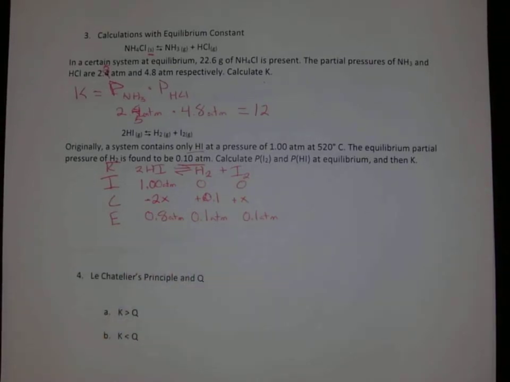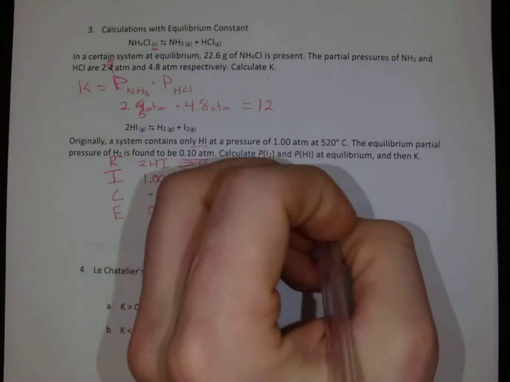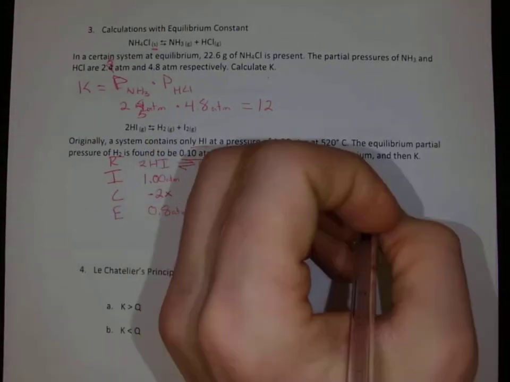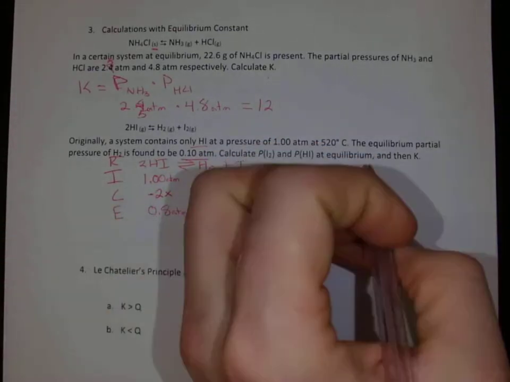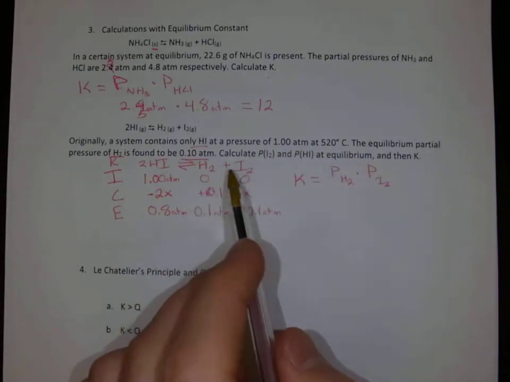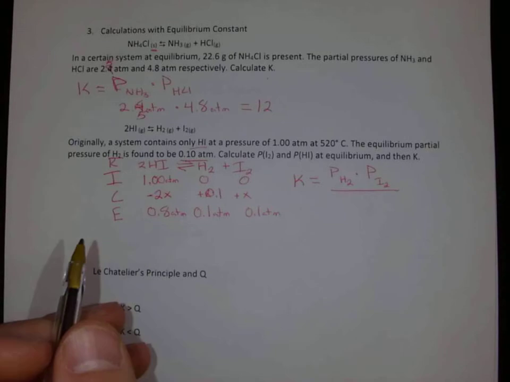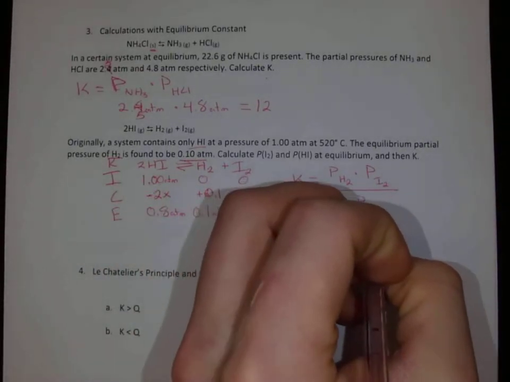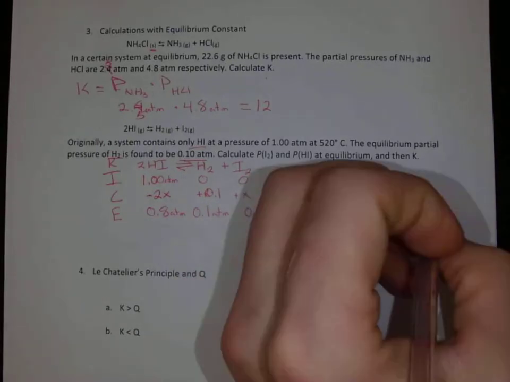Now we need to calculate K. So the K expression: K equals pressure of product 1, H2, times the pressure of product 2, I2. We don't have any coefficients there, so we don't have to put any numbers on the top. And then over our pressure of HI, and that is going to be squared.